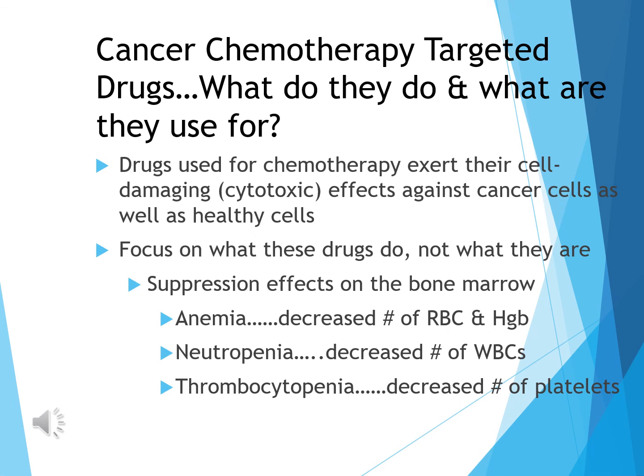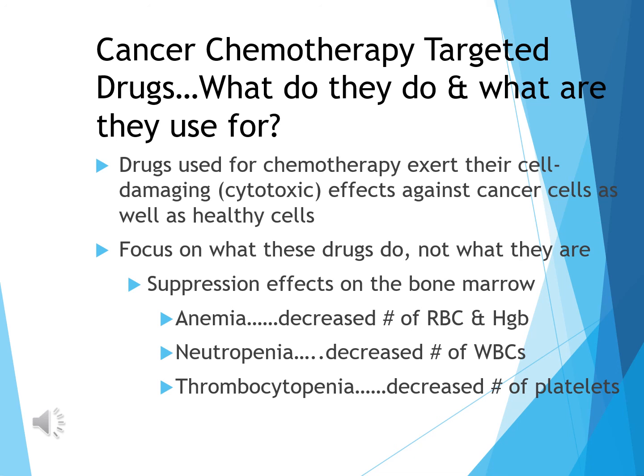Cancer chemotherapy targeted drugs. What do they do and what are they used for? Drugs used for chemotherapy exert their cell-damaging or cytotoxic effects against cancer cells, and remember, they are also damaging to healthy cells. So we need to focus on what these drugs do, not what they are. Remember, they suppress the bone marrow.